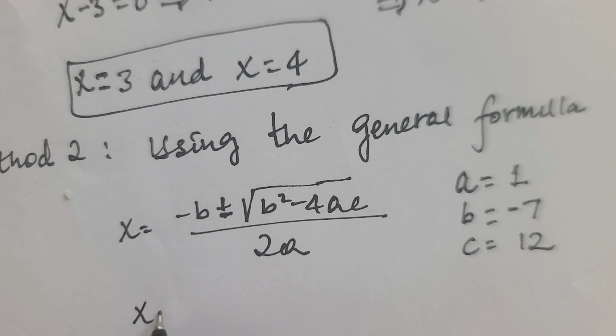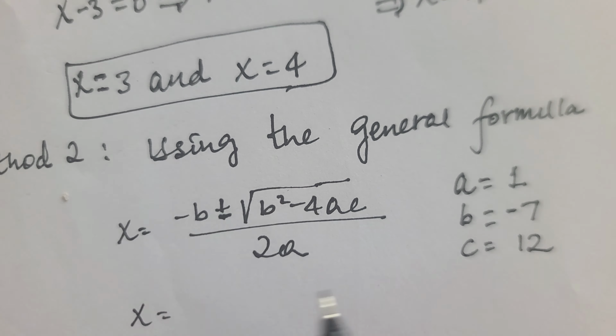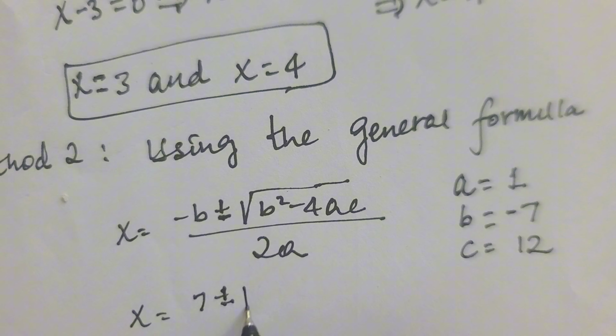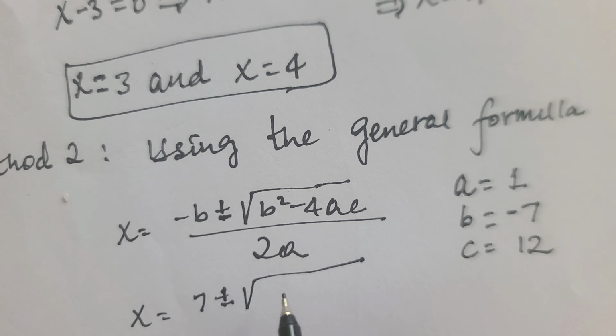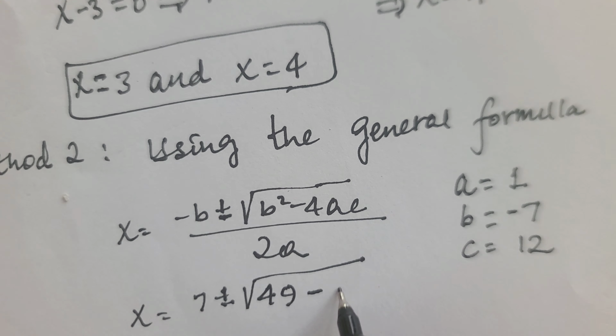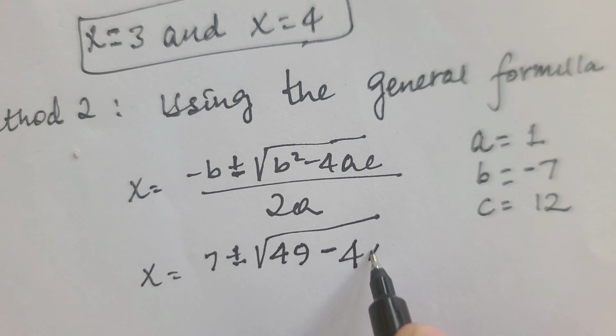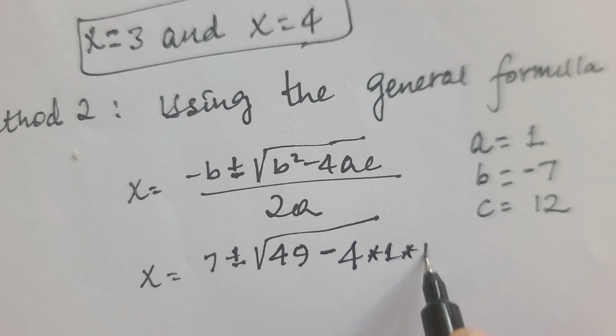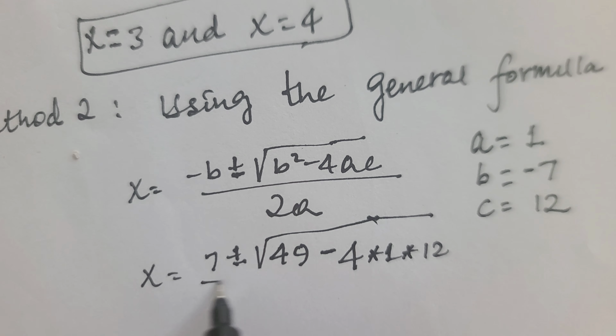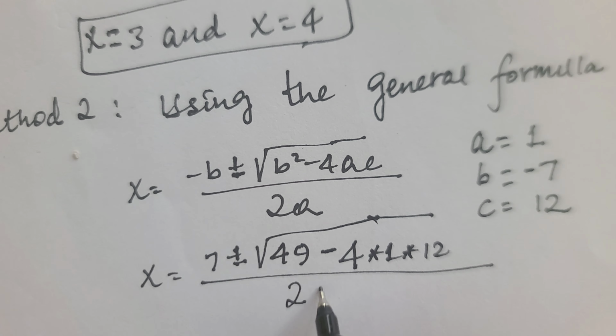Therefore, x equals minus b, that is minus of minus 7, which is 7, plus or minus radical of b squared, minus 7 squared, which is 49, minus 4 times a, which is 1, times 12, over twice of 1.